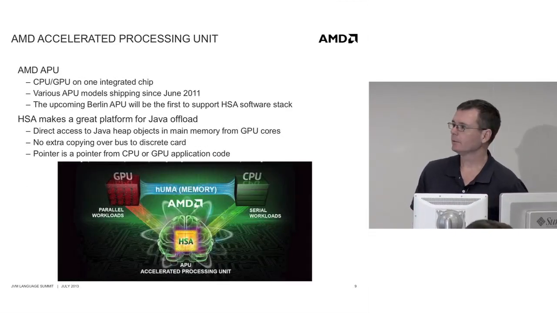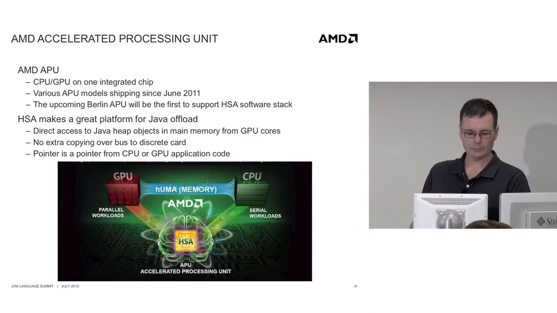So AMD has this new product line called Accelerated Processing Unit, which is the one integrated CPU that includes the CPU and GPU on the one socket. And they've had these for about 2 years now, but there's the new one called Berlin, or in some press called Kaveri, will be the first one to be able to support this HSA software stack.